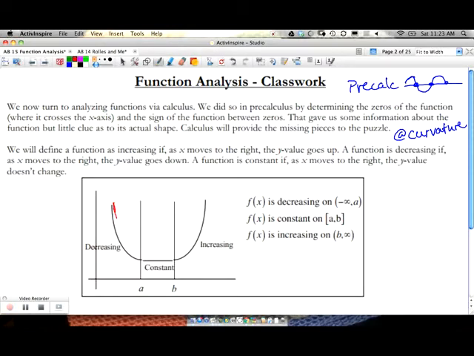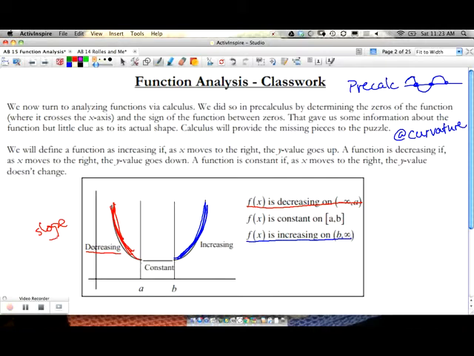Okay, so right here, I'm going to draw a red line going over this piece here. And that means that the function is decreasing. So when it's decreasing there, the slope is negative. And then when the function is increasing, when it's going up like this here, we're going to call that increasing.